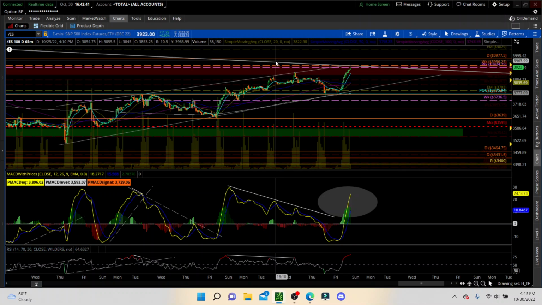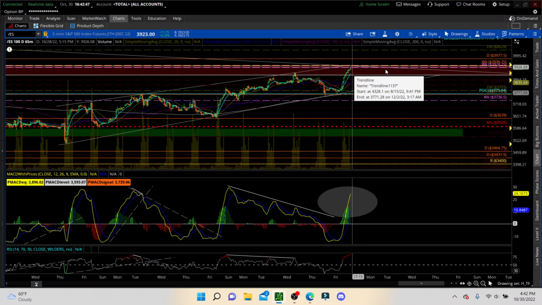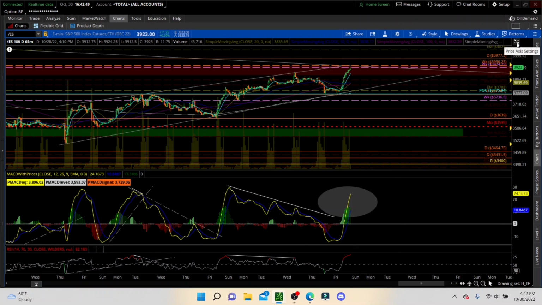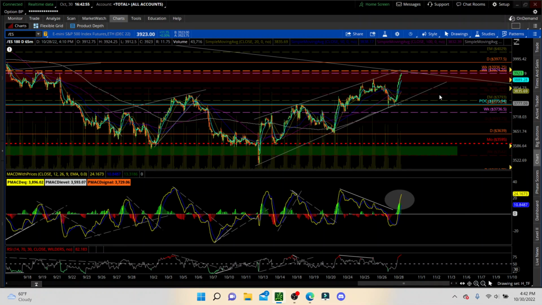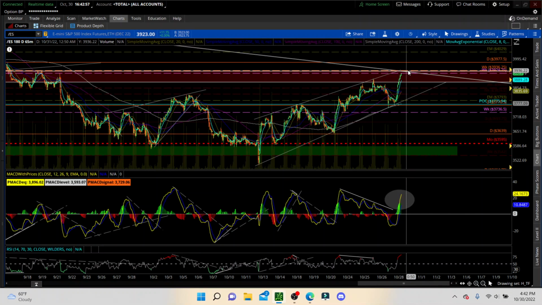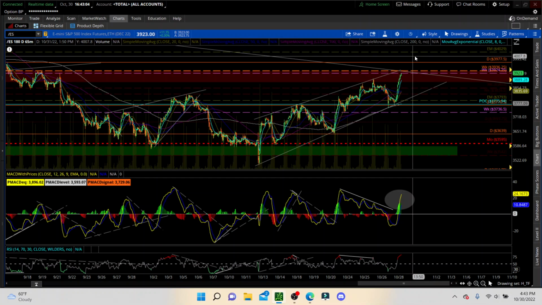Now I have the downtrend line here, and we're also in the supply area, so I don't think we're going to get much higher if we do start to move down, and then make a slightly higher high here. This is my confluence. This is my higher area. If we start getting above here, then I'm going to let things play out.